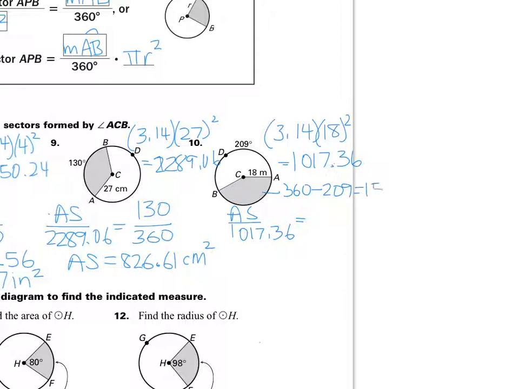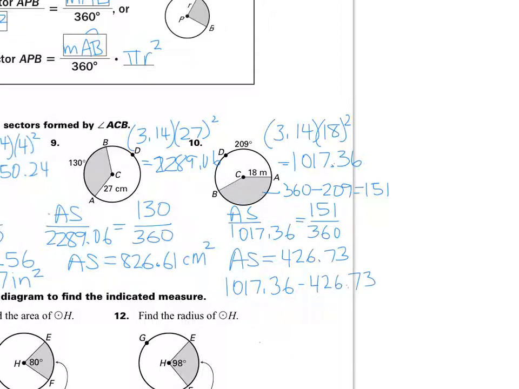And we subtract. So you have to make sure that you use the right corresponding parts. So the shaded sector is 426.73. If I want the area of the white region, I would take 1017.36 minus 426.73, and you will get 590.63. And we need units on the end there, which would be meters squared.